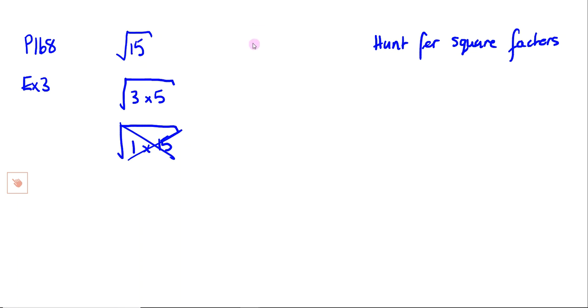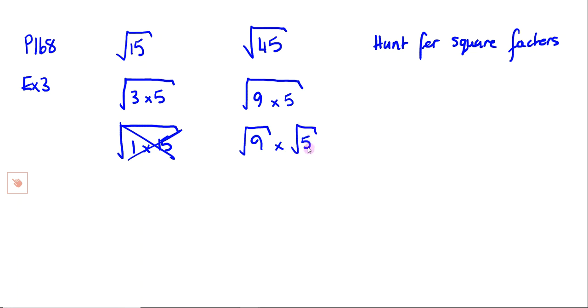What about B? Let's have a look at root 45. Automatically I'm going, because I know my times tables, root 45 is 9 times 5. 9 is a square number. So using the rules I did previously, I can rewrite that as root 9 multiplied by root 5 separately. Of course, you're all spotting straight away that root 9 is 3, so we can write it as 3 root 5.